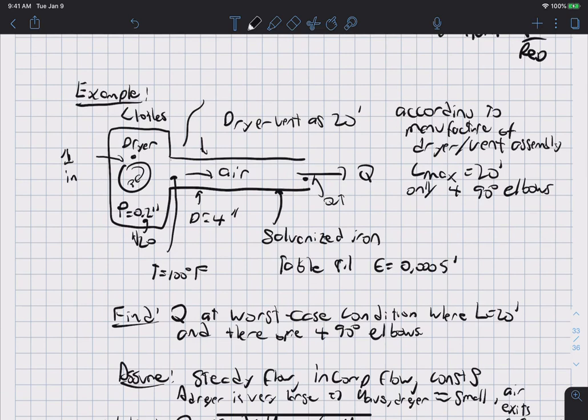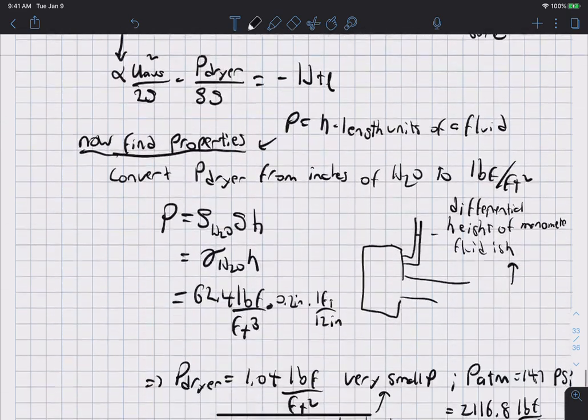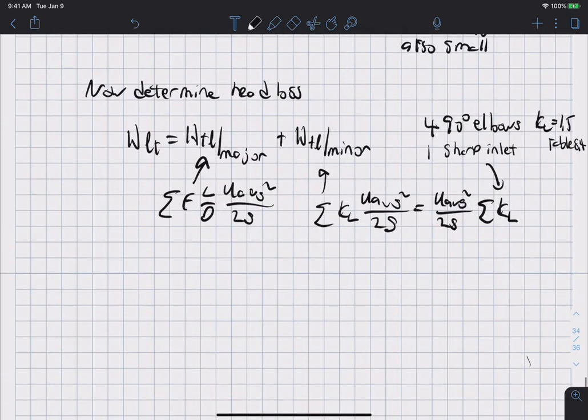I forgot to write that down, but we're going to approximate that as a sharp inlet, and that sharp inlet has a K_L of 0.5. You can find that on table 8.2.